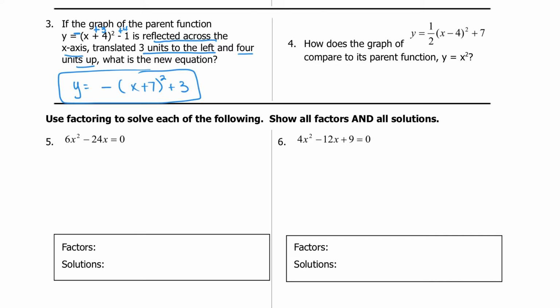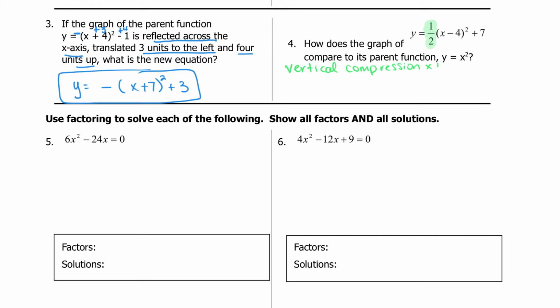On number 4, how does the graph of y equals 1/2 times (x - 4) squared plus 7 compare to its parent function y equals x squared? So you want to look at the 3 different pieces. The 1/2 out front, that's going to be a vertical compression by 1/2.